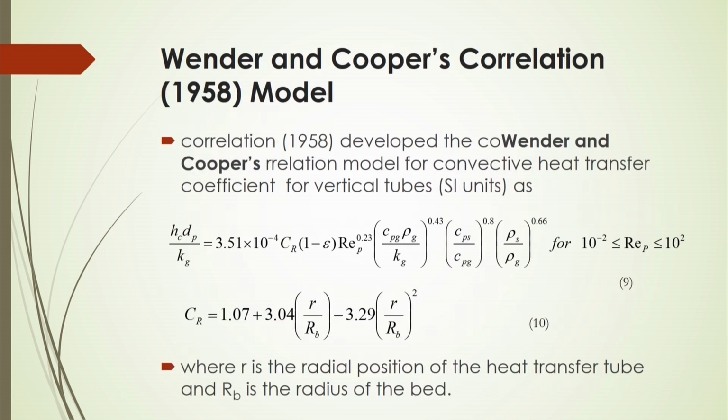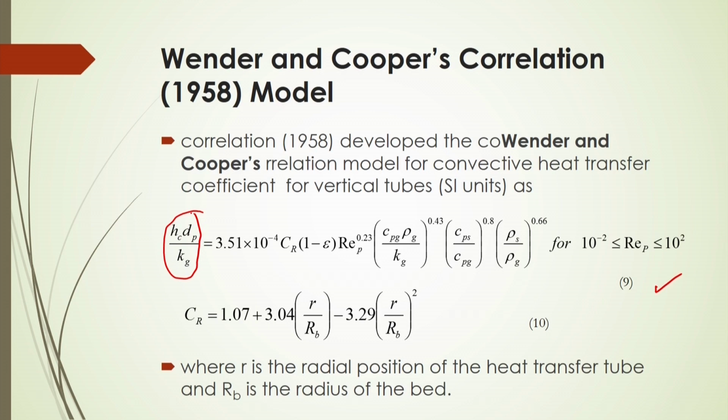Wender and Cooper developed a correlation from their experimental data based on this approach, and they suggested this equation 9 to predict the convective heat transfer coefficient.